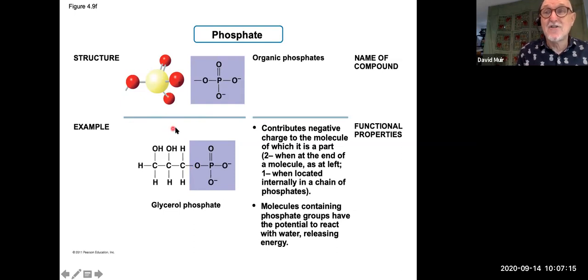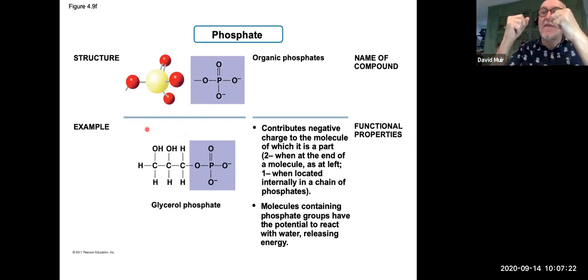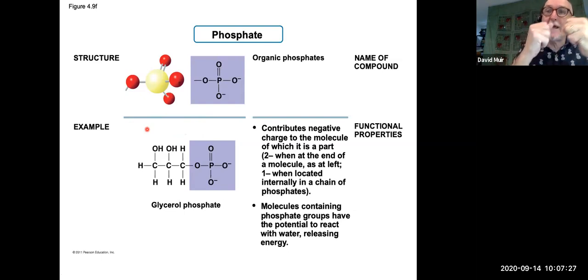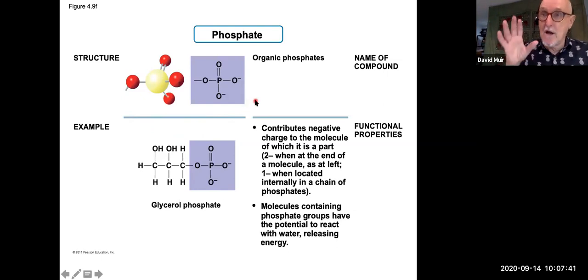So in adenosine triphosphate, there are 3 phosphate groups. The phosphate groups are all joined together with covalent bonds. And the biologically useful energy is mostly located in that first bond and in the second bond, but especially in the first. If we break that first phosphate bond, we can extract the energy and use it biologically. So these phosphate groups are very often associated with a transfer of energy. We'll see a couple of other roles as well.